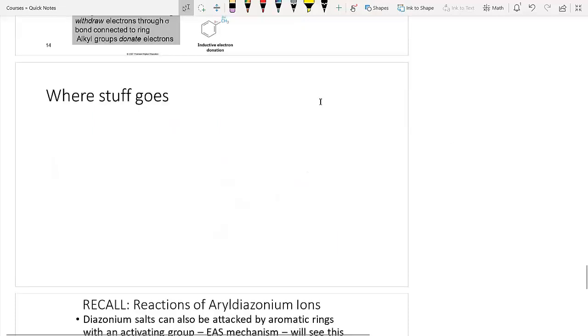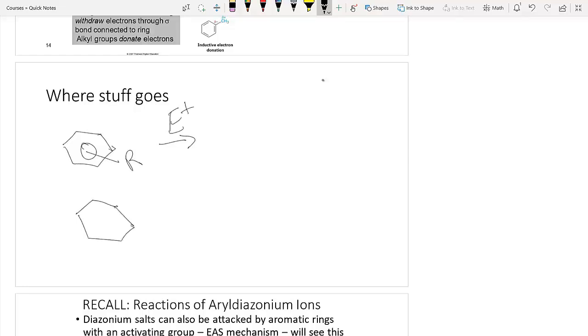And so the next thing is, how do the substituents affect the molecule in terms of where the next group goes? Wherever we have our substituents on the ring and we add the electrophile, there are a couple of different possibilities. So let's say we have this molecule with some substituent on there, and then we add the electrophile.